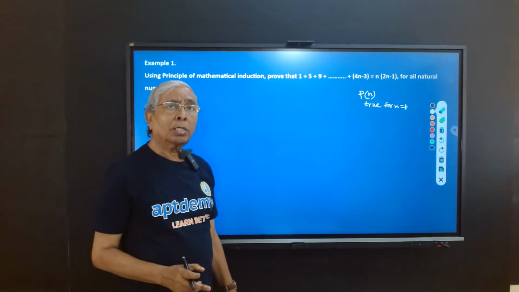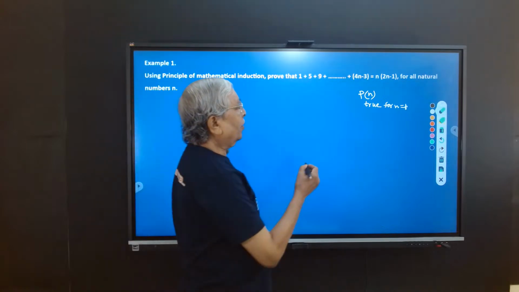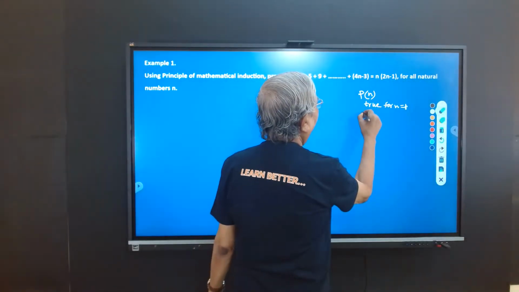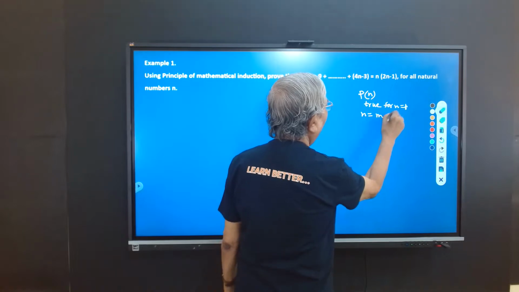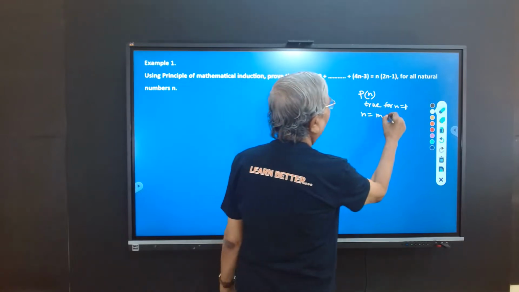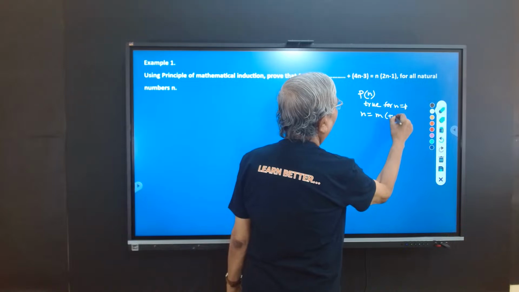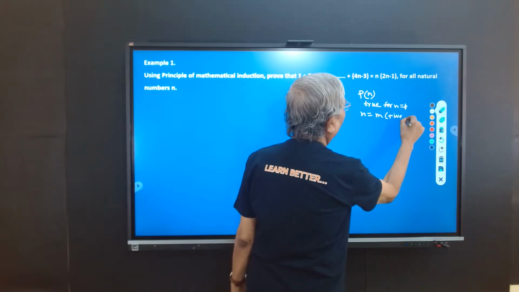Then suppose that the statement is true for n equals m, where m is a positive integer. You have to suppose it.